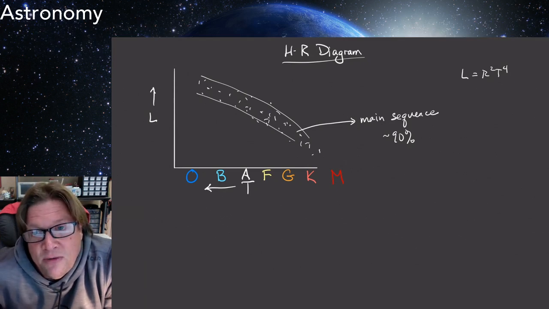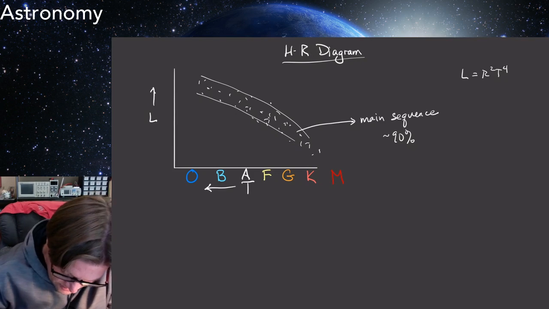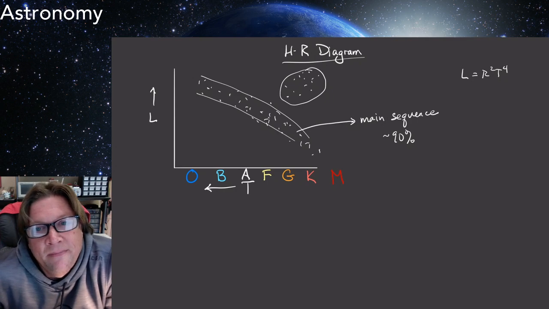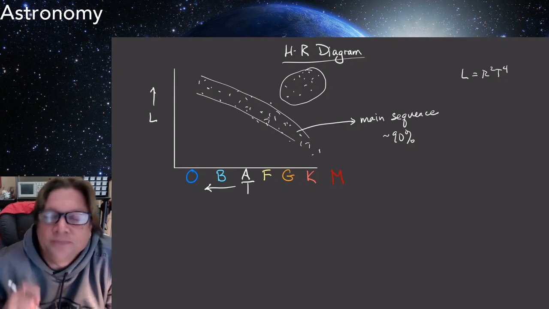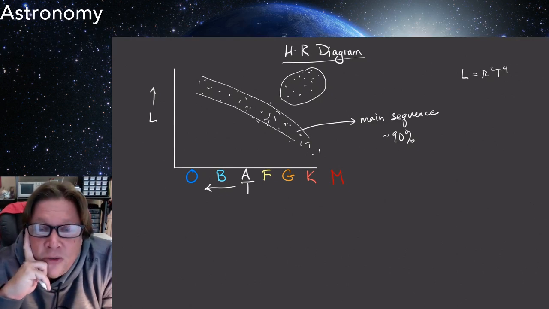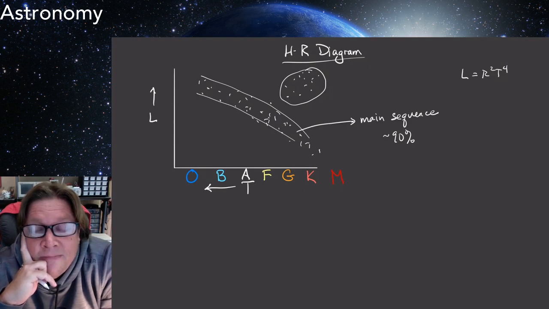There's a group of stars, though, that are up here. If you plot a bunch of stars together, there's a group that ends up there. Think about that for a minute. What does that mean? Those are stars that are cool. They're K's and M's.